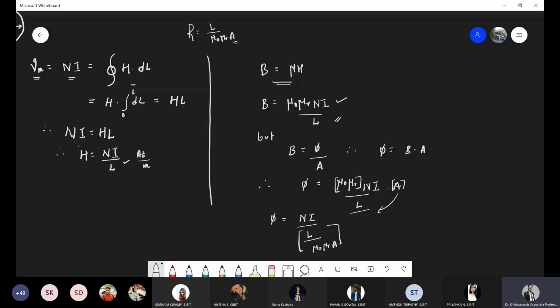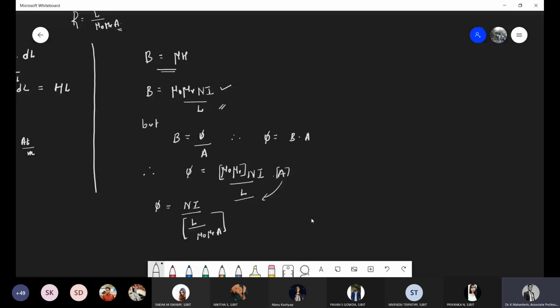Am I audible, guys? Okay, fine. So carefully observe this equation now. It looks like phi is equal to Ni. What is Ni? Ampere turns. Can I replace this by magnetomotive force?